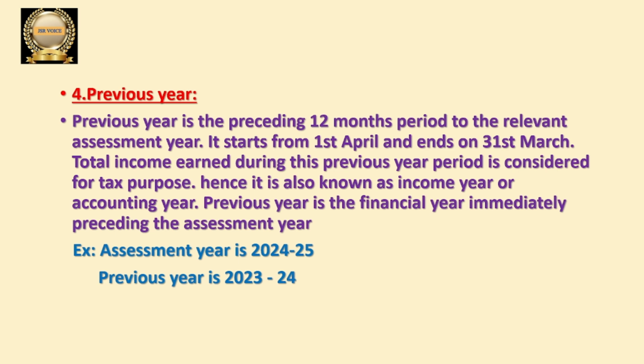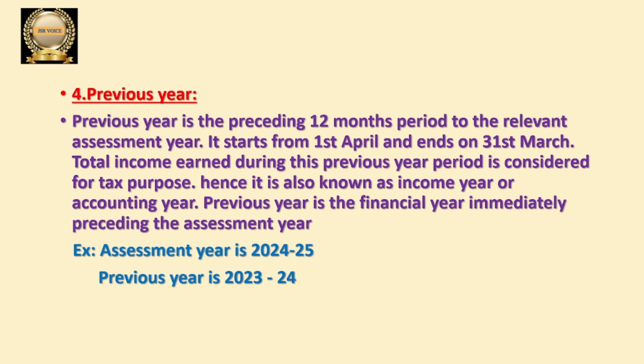Whatever income he earns in the previous year is assessed to tax in the assessment year. Hope this is clear for everyone. We can call this previous year also as income year, because the income people earn during the previous year will be taxed in the assessment year.